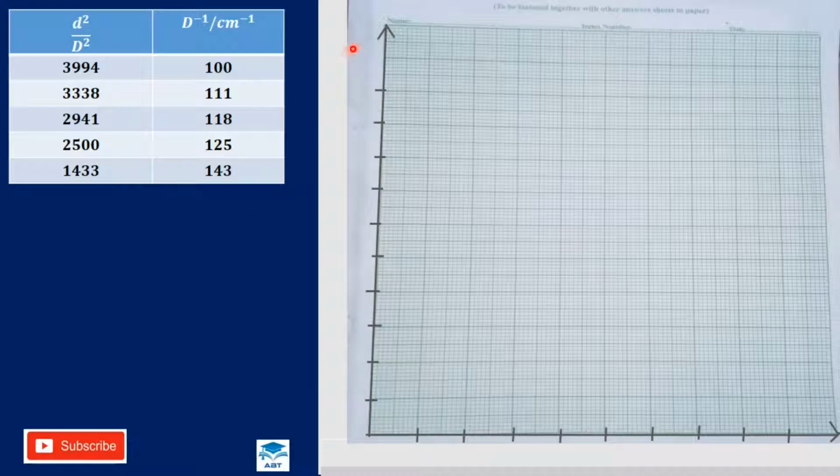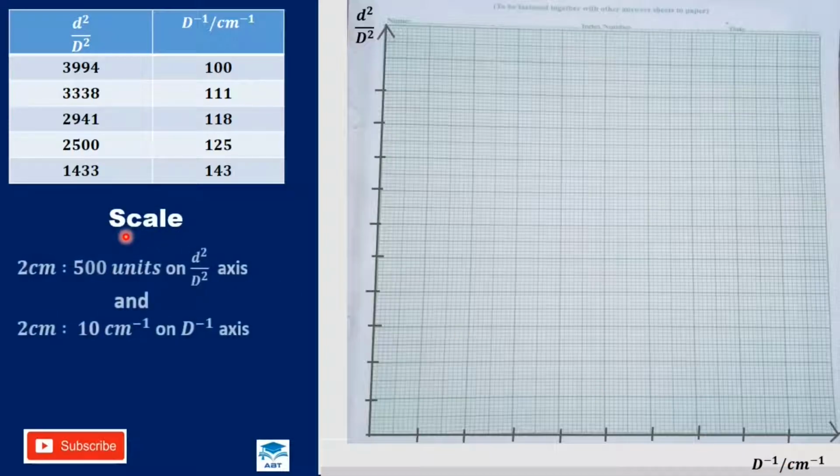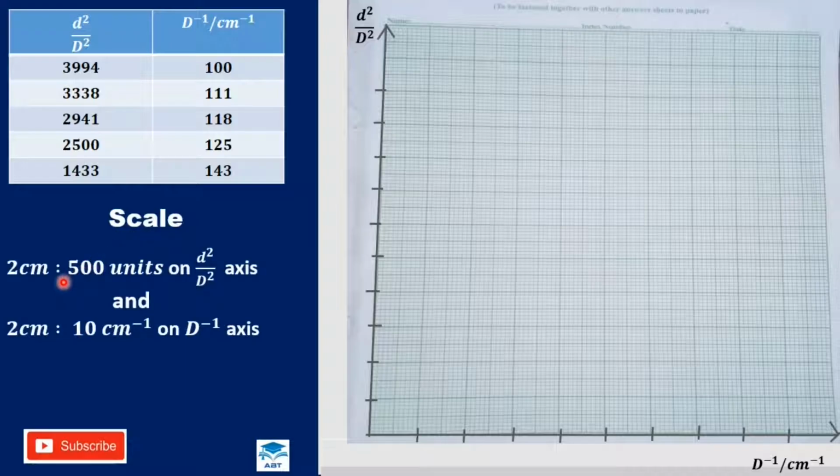We are going to plot a graph of small d square over capital D square on the vertical axis, and capital D inverse on the horizontal axis. We will choose a scale of 2 cm to 500 units on the small d square over capital D square axis.